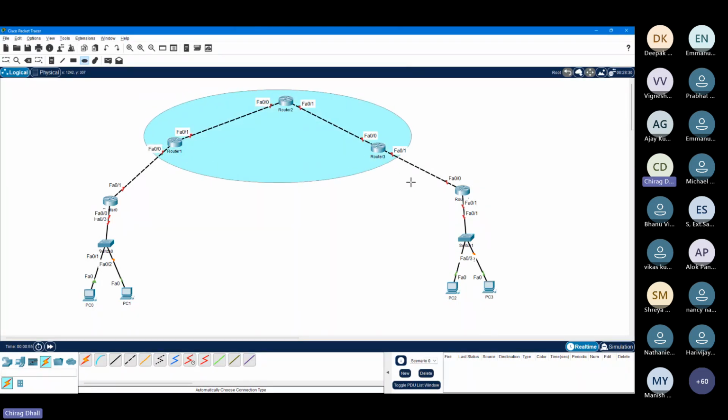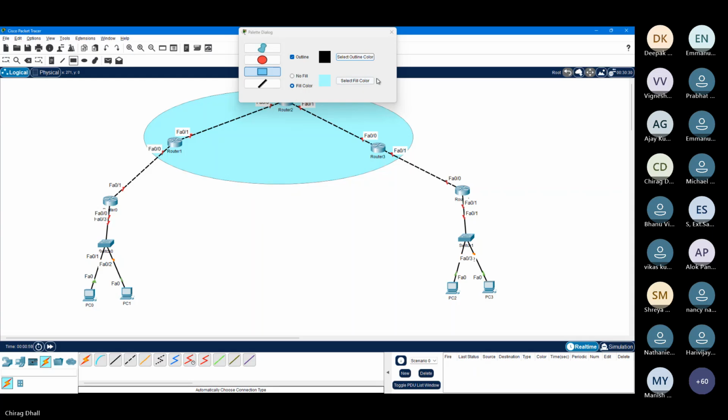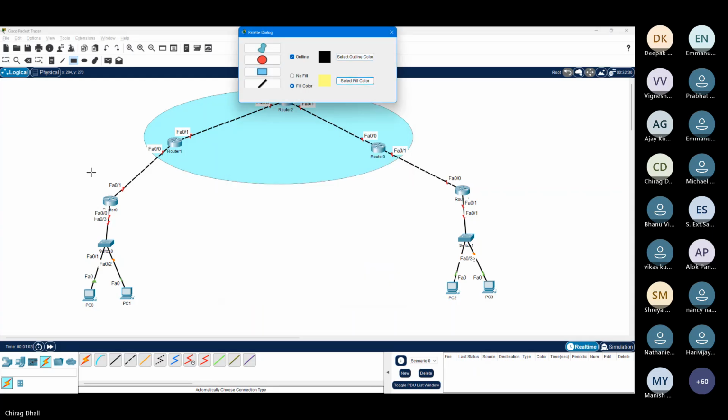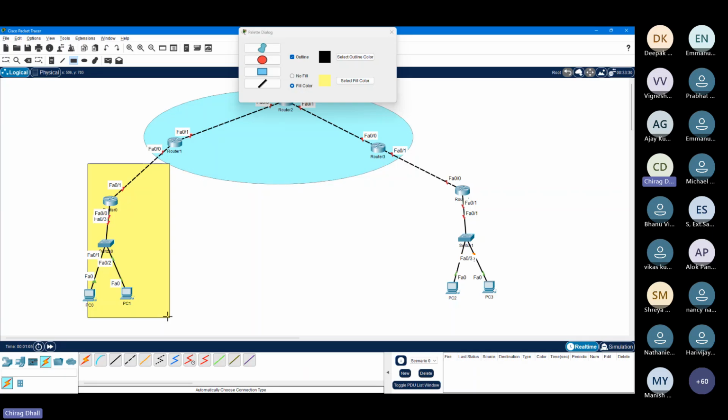This will be my area 0. This will be my area 10.